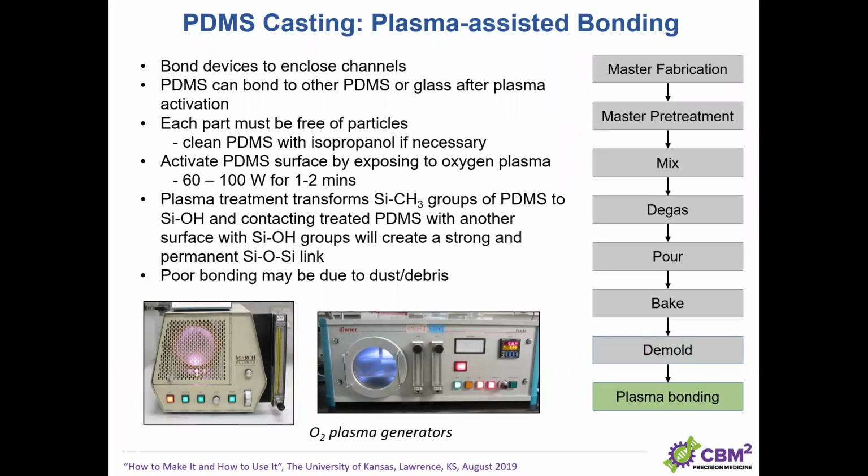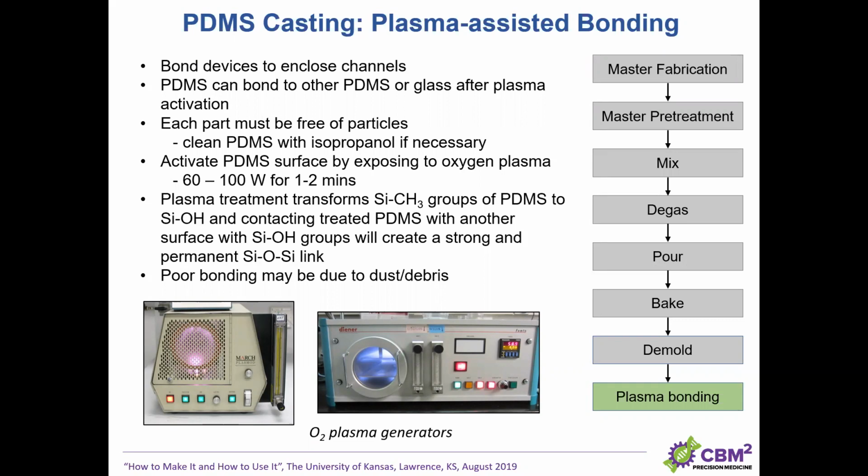One of the features that is really appreciated in making PDMS devices is that you can bond PDMS to itself and to a glass substrate simply by exposing it to oxygen plasma in a plasma generator.